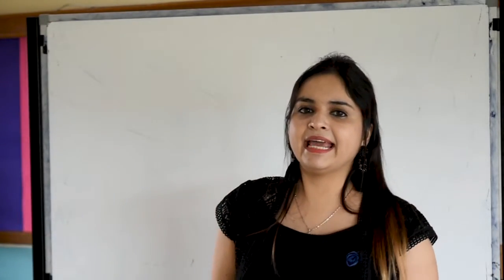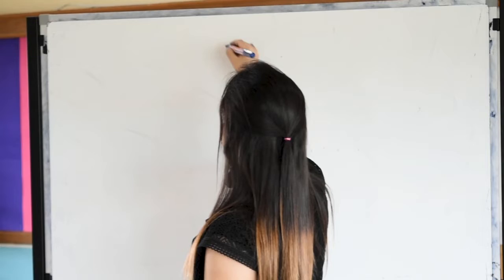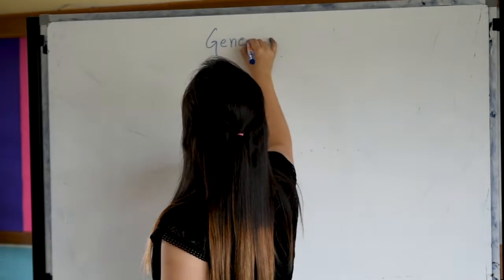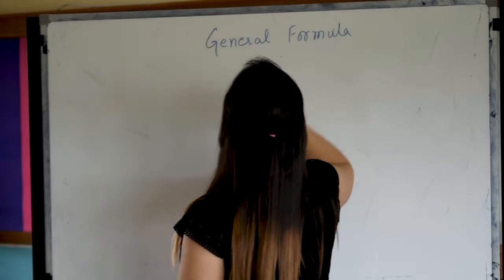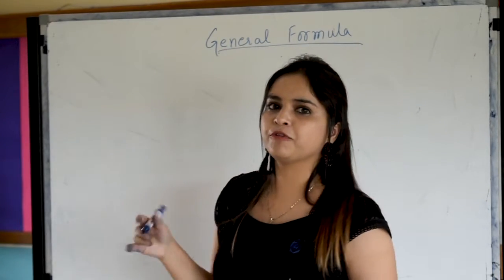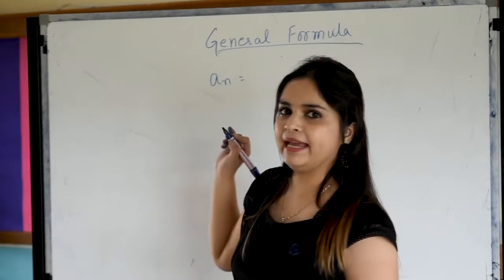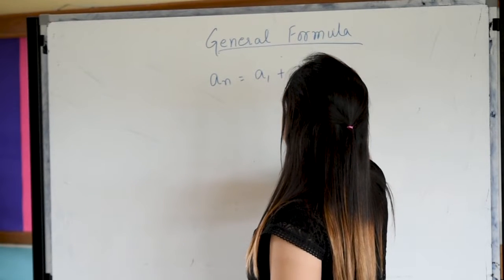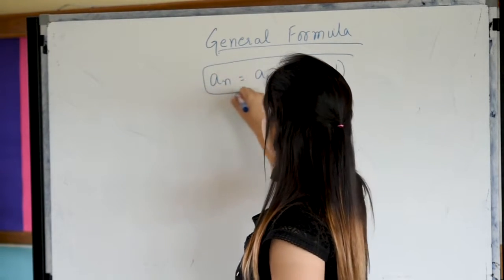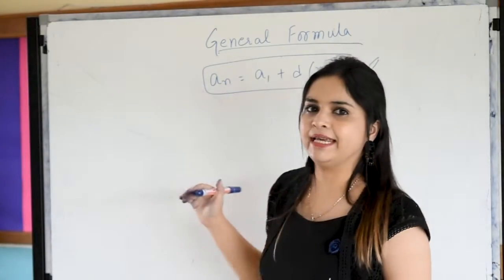Now, in AP, next very important formula which we have to learn is general formula of AP. Now, what is this formula? This formula says AN is A1 plus D times N minus 1. Always remember this formula when you are doing AP.